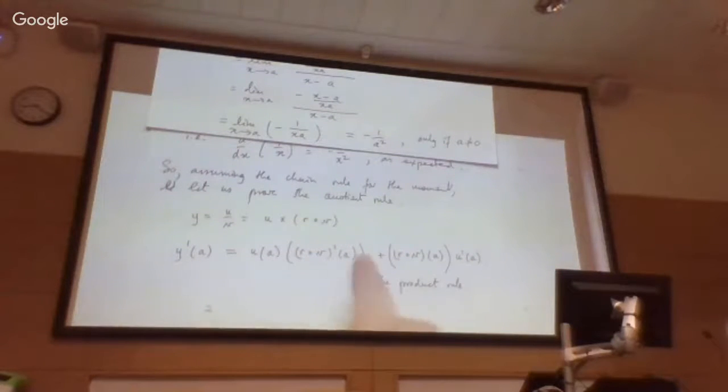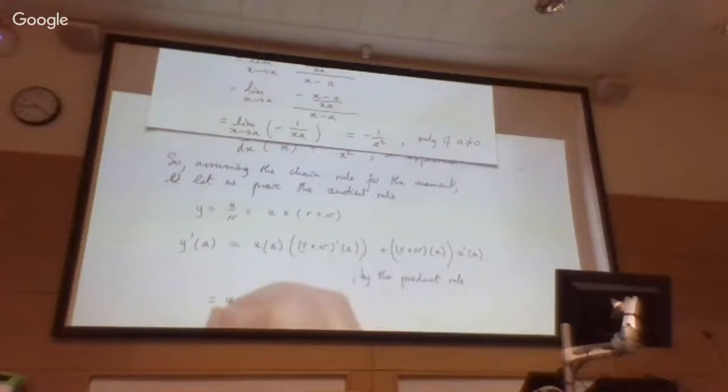Then this one here, I need the derivative of this composition. So I can use the chain rule, and the chain rule is going to be the derivative of r evaluated at v of a, multiplied by the derivative of v applied to a.